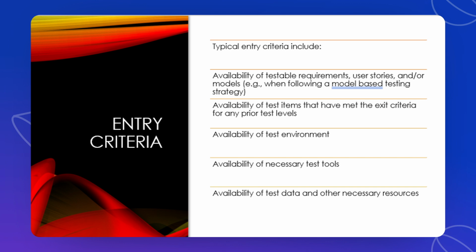Availability of test items that have met the exit criteria for any prior test levels, availability of the test environment, availability of necessary test tools, and availability of test data and other necessary resources.